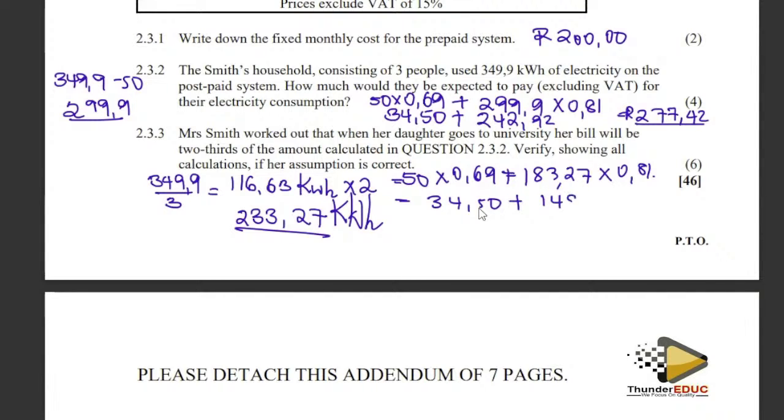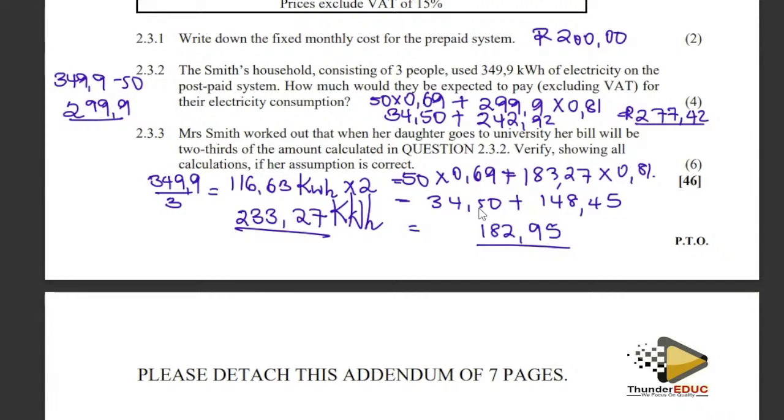Here we have it added up. We have 182.95. This is what they're going to pay.